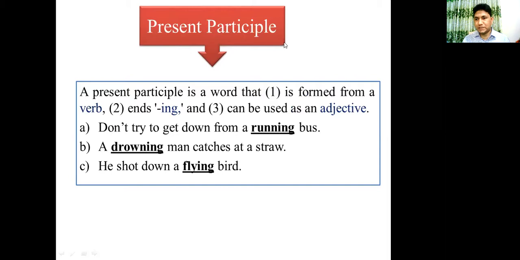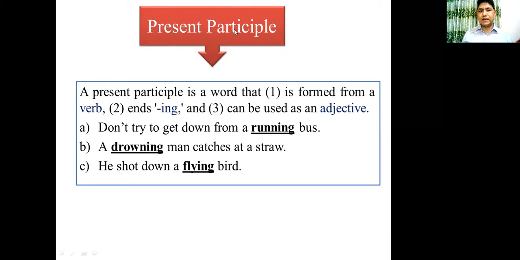Next one is present participle. You see, a present participle is a word that is formed from a verb, ends in -ing, and can be used as an adjective. So, three pieces of information are given here about the present participle.